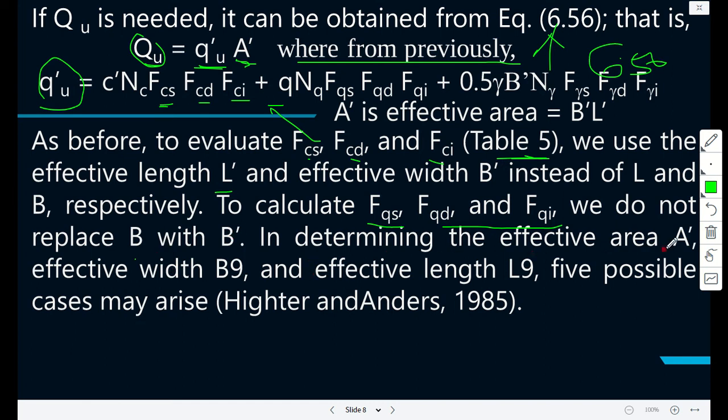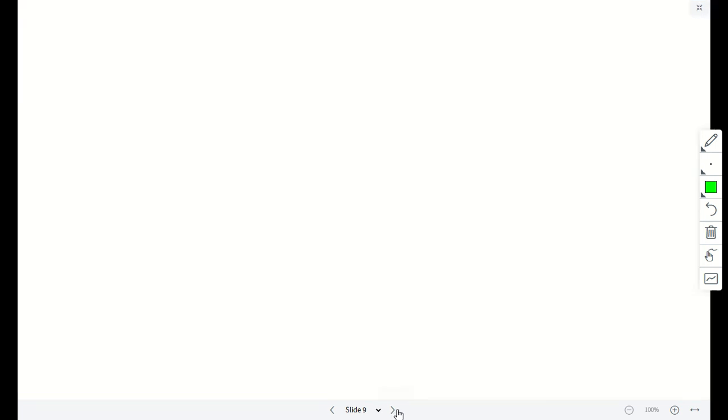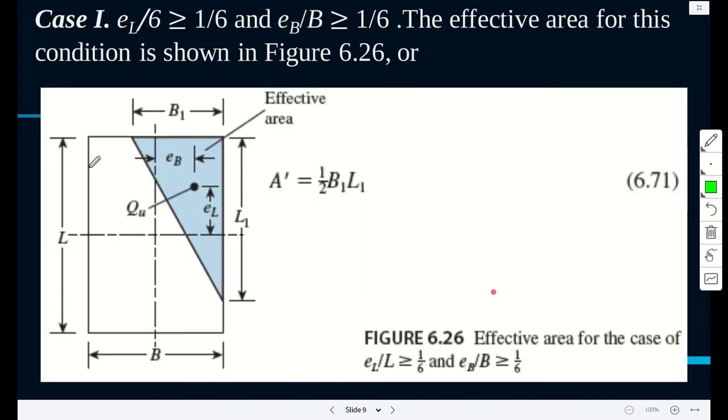In determining the effective area A, we need the effective width B prime and effective length L prime. There are five possible cases that may arise. I'm just trying to explain; remember we said two-way eccentricity.